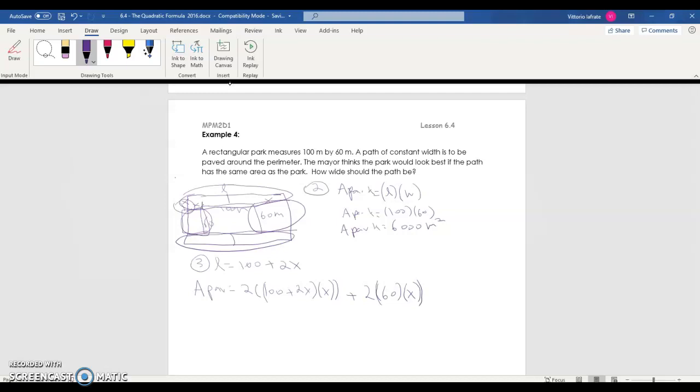And so we'll just clean this up a bit. We'll get area of pavement is equal to 2 times 100x plus 2x squared plus 2 times 60 times x is 120x. So that means the area of the pavement is going to be equal to 200x plus 2x squared plus 120x.